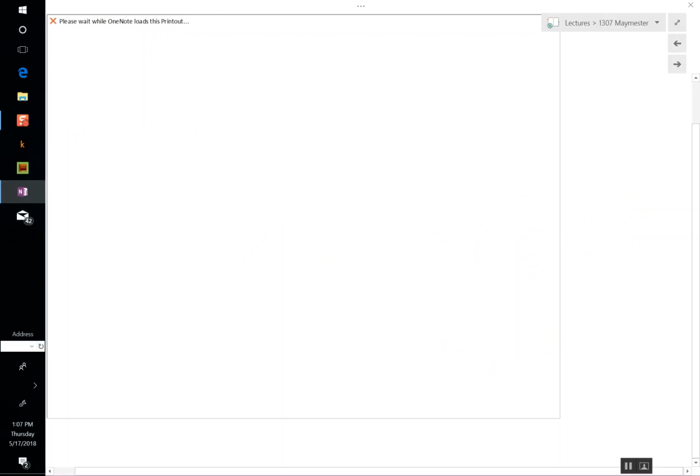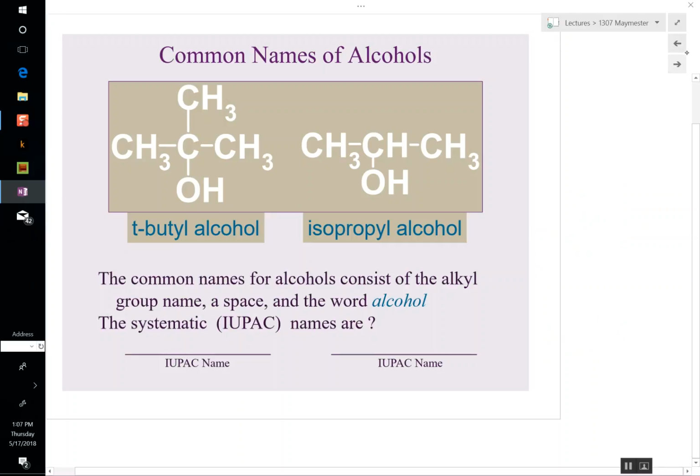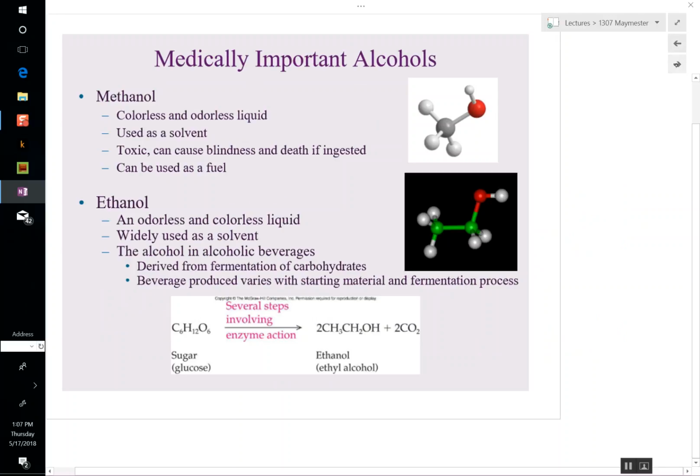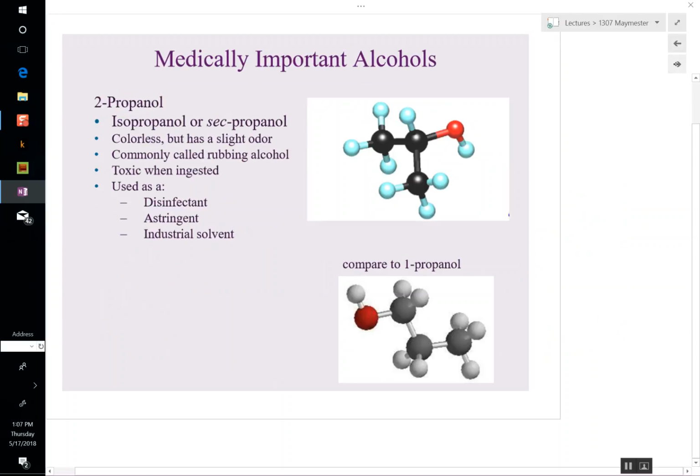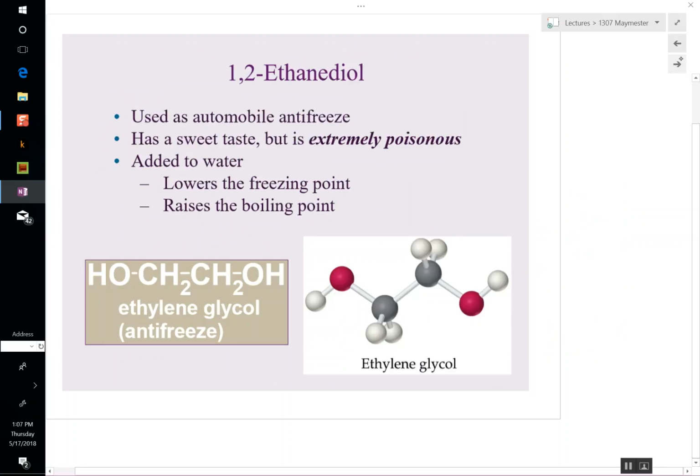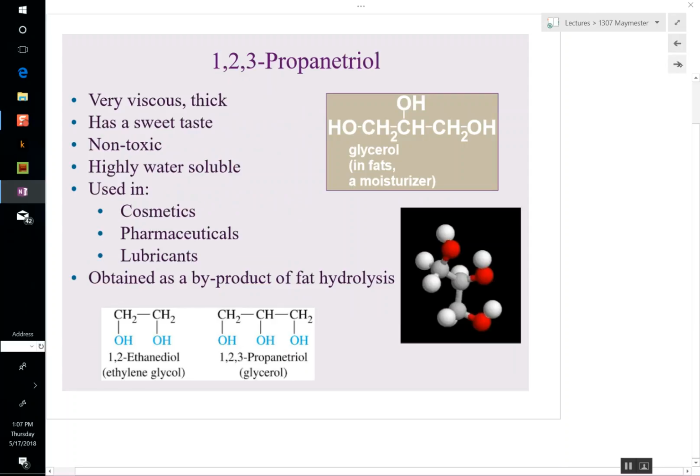Let's see if we get an example of that. Oh yeah, here's 1, 2, 3 propane triol. So it would be pentane diol, and we would leave the E in there.